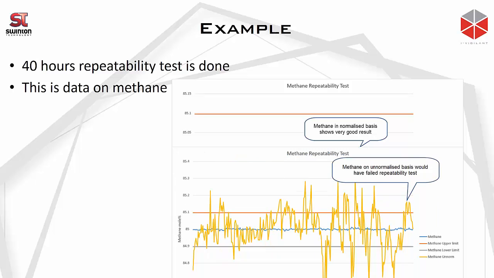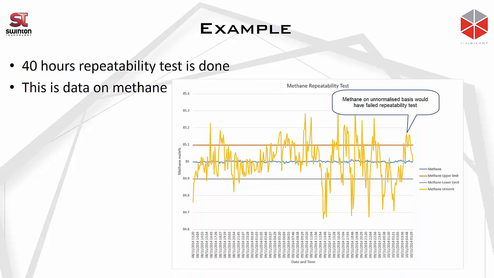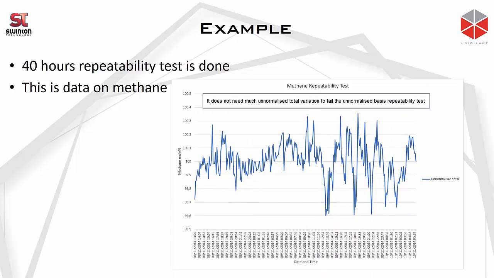When we take the unnormalized result of methane, this is the exact same data, but on the unnormalized basis. You can see that on the unnormalized basis, a lot of the methane results will have failed the repeatability test. It doesn't take a lot to fail the repeatability test.